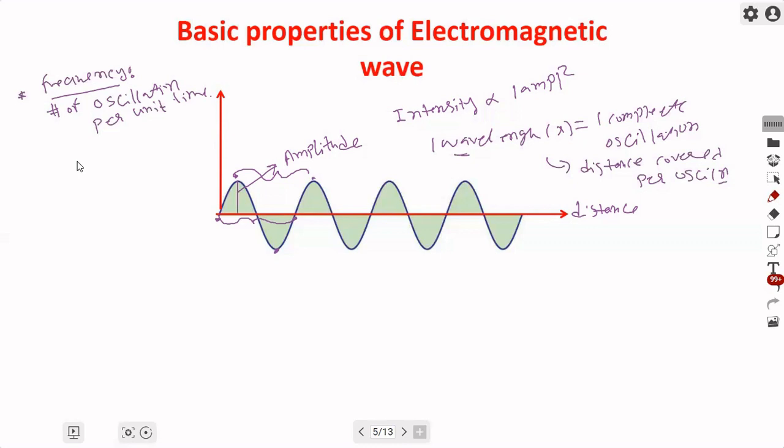Another important relation that relates frequency and wavelength is the speed of light.